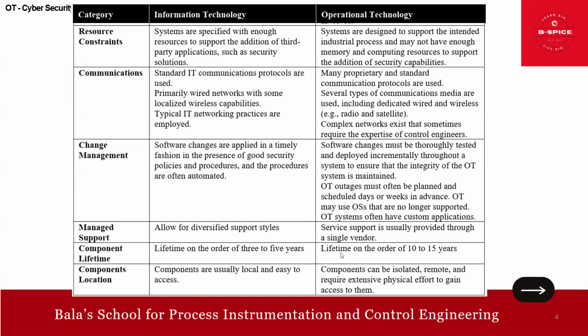Whereas in operational technology, we can go up to 15 years. Even some vendors give up to 20, 25 years for systems like a DCS system. And component location in IT is usually local, and we can get components easily. But in operational technology, components can be isolated and remote, and it requires extensive physical effort to gain access to them. That is the challenge, friends.